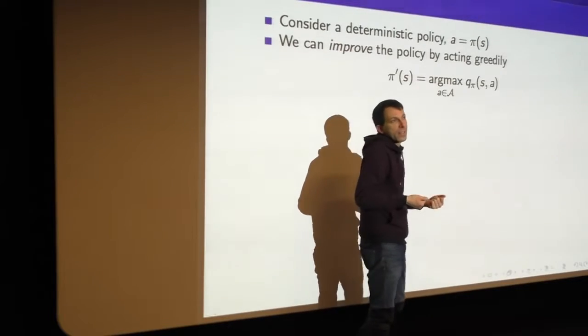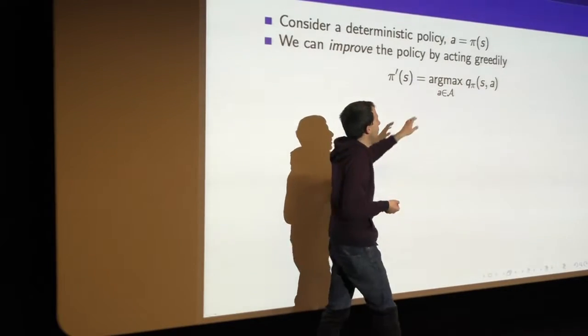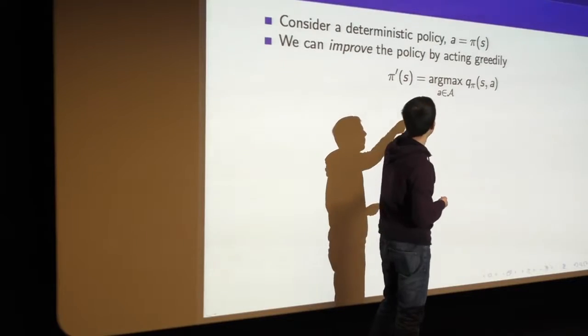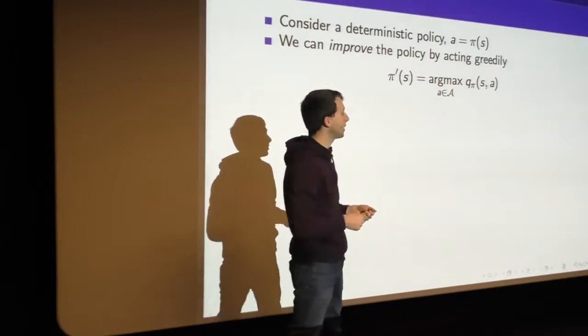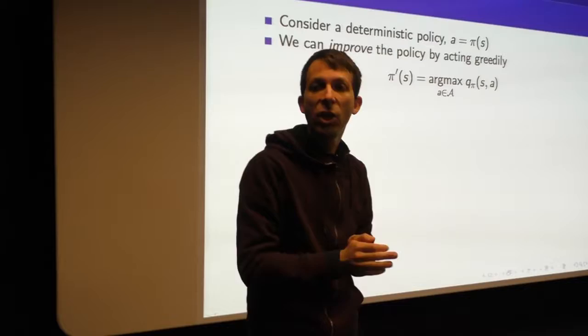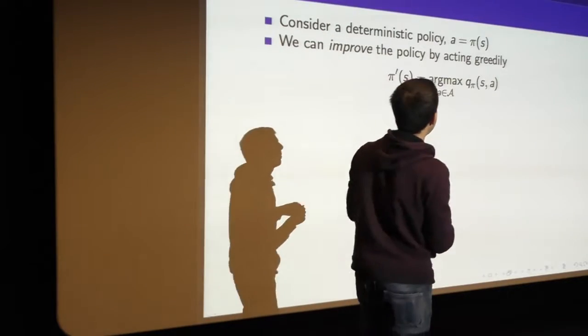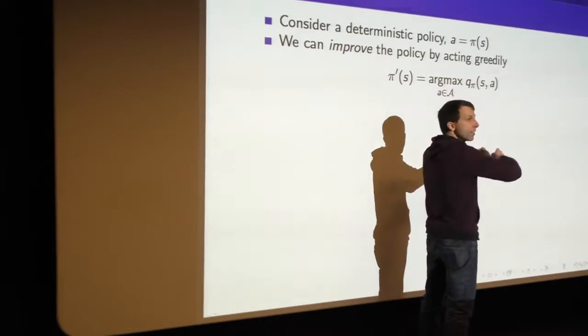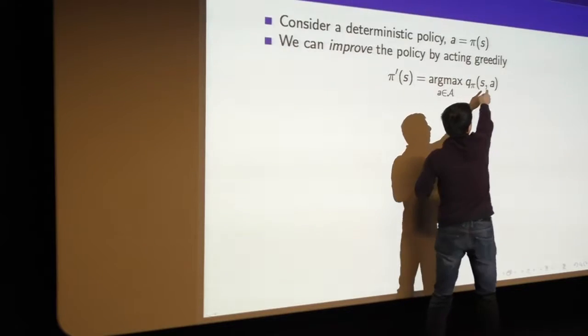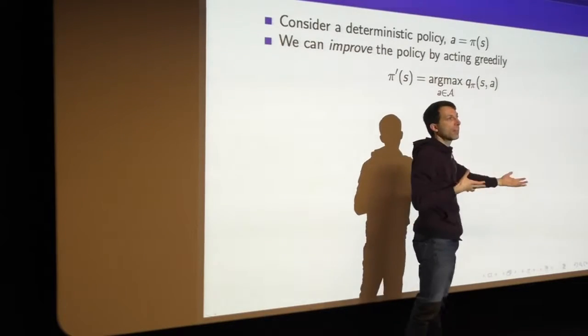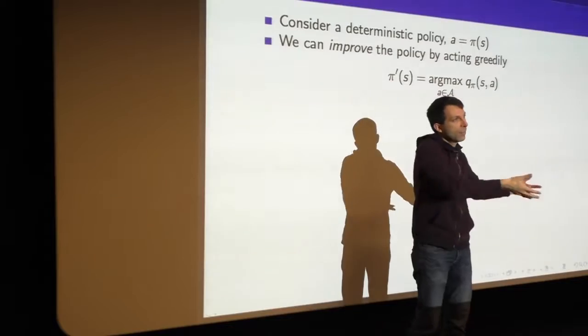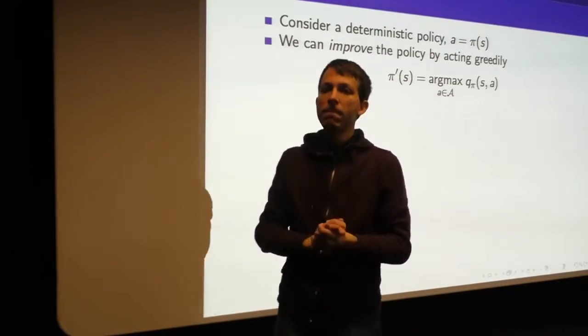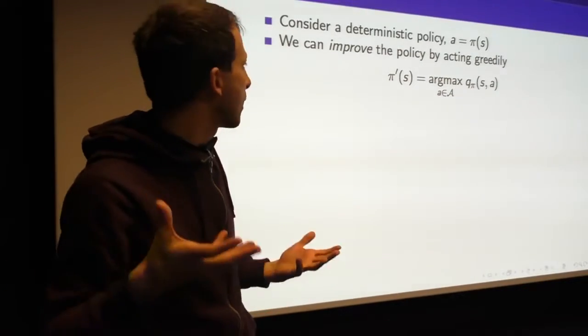We want to pick the action that gives us the most Q. That's what this argmax means. It just returns the action that maximizes this quantity. And Q, remember, is just the immediate reward when you take action A plus the state value function of where you end up. So that's what it means to act greedily.